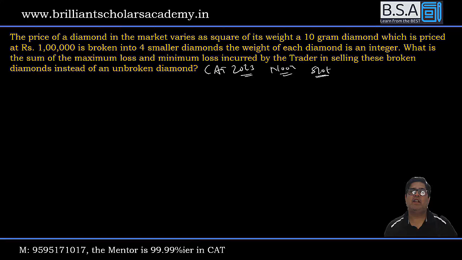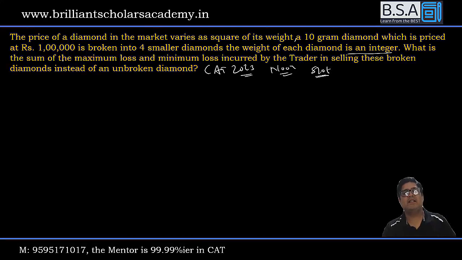Price of a diamond in market varies as square of its weight. A 10-gram diamond, which is priced at rupees 1 lakh, is broken into 4 smaller diamonds. The weight of each diamond is an integer.